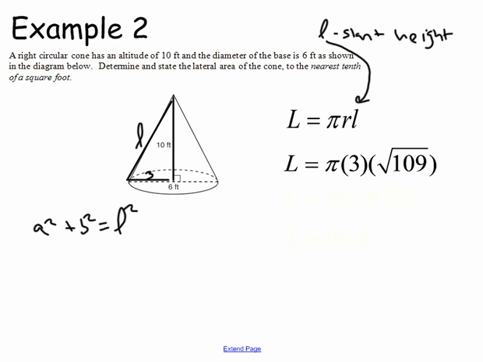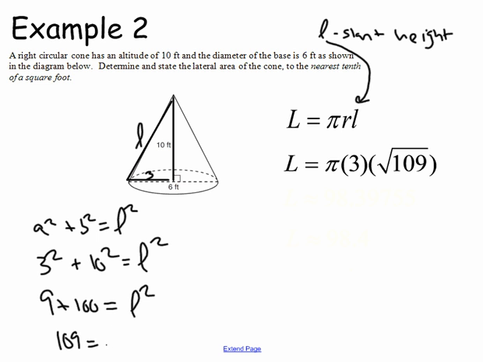You substitute 3 squared plus 10 squared equals l squared, which is just the hypotenuse squared. Sorry about that, that was the bell. So you're going to get 9 plus 100 equals l squared, so 109 equals l squared. Square root both sides. You get l equals the square root of 109. And that's how I got the slant height.